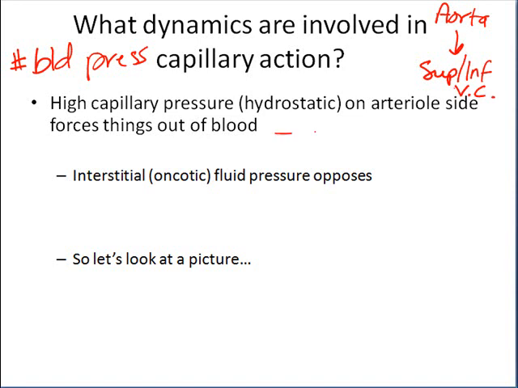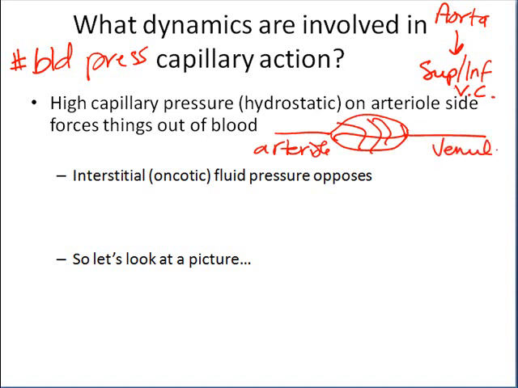That means if I'm looking at a capillary bed, here's my capillary bed, and this is the arterial side, here's the venule side, that pressure by definition is going to be slightly higher on the arterial side, slightly lower on the venule side. That's going to be important in a minute. When I show you the next slide, you're going to see how that plays out.